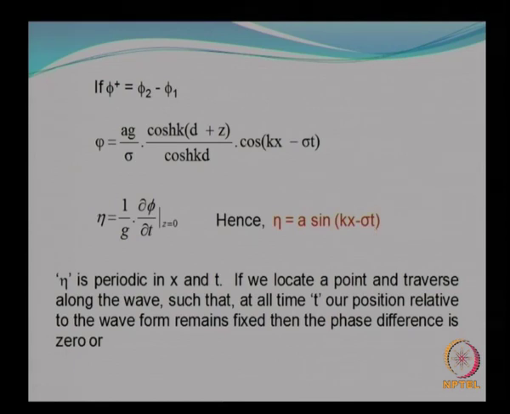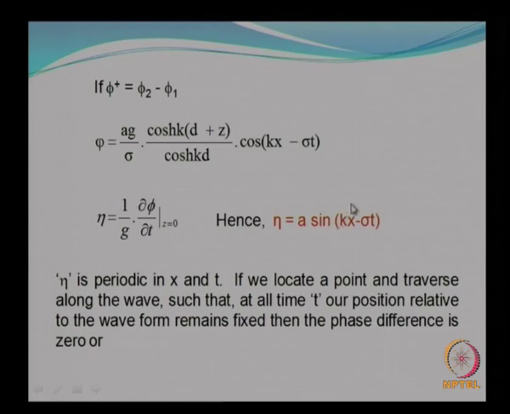When we want to understand the characteristics of a wave, we have to consider one full cycle. How do you consider one full cycle? You have to consider variation with respect to space as well as variation with respect to time, and that is what is brought up within this bracket. So x is the variable that takes care of space.